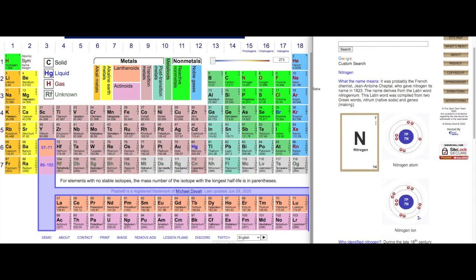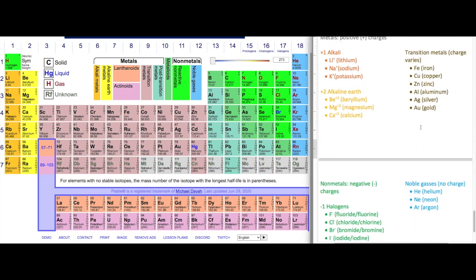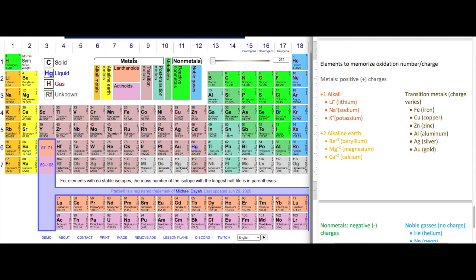So that sums up what you need to know from the periodic table. And so just real quick to go over it again, the metals all have a positive charge when they're parts of compounds, and the alkalis have a +1 charge. Lithium, sodium, and potassium are the most important ones to know. Alkaline earth, +2 charge. Beryllium, magnesium, and calcium are the most important ones. Transition metals are all the things that you think of as just metals, such as iron, copper, zinc, aluminum, silver, and gold.